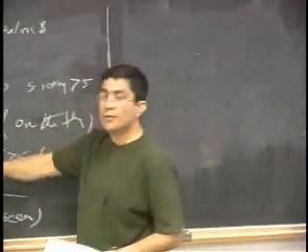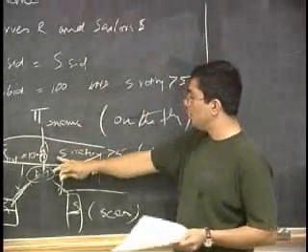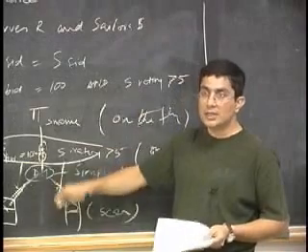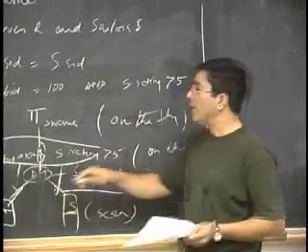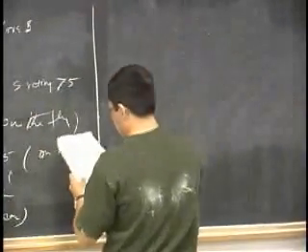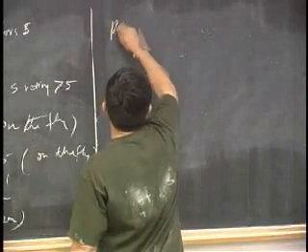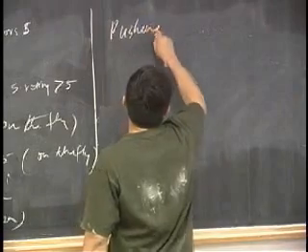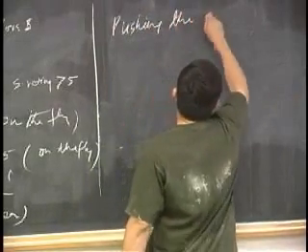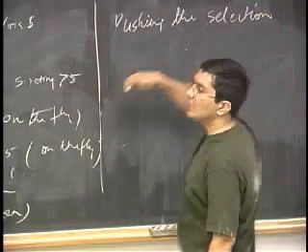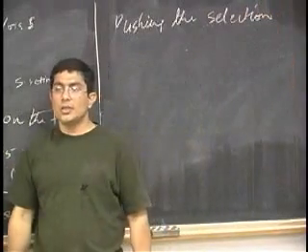The question you asked, where I alluded to pushing the selections above and below. There are two types of selections you can do. I'm taking this from an example in the book.